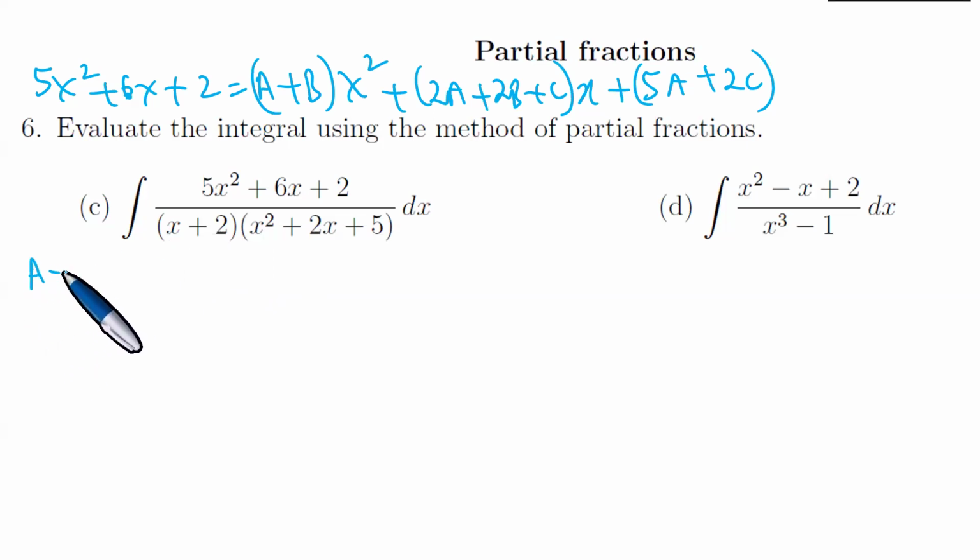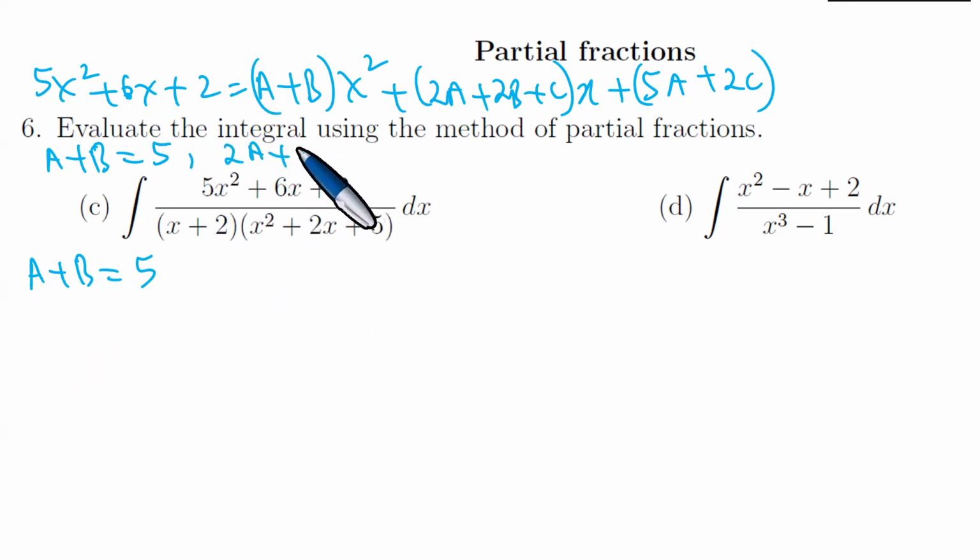So a plus b equals 5, which corresponds to the coefficients of the quadratic terms. 2a plus 2b plus c is equal to 6. 5a plus 2c equals 2.